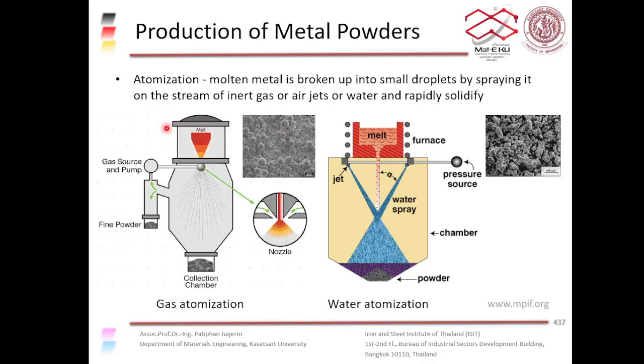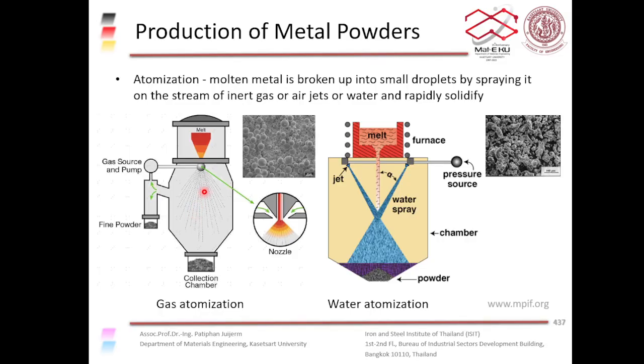So up here you have molten metal. It can be molten alloys like brass, stainless steel, etc., or it can be pure metal like copper, zinc, iron, chromium, etc. You have molten metal here, and then you spray it down here.